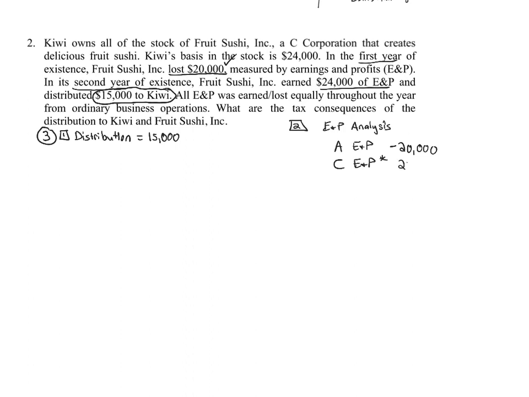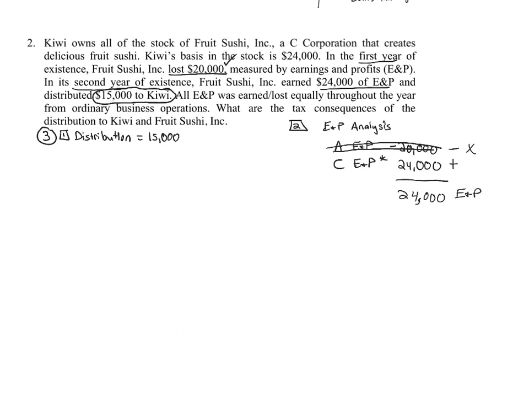Current E&P is positive $24,000. So remember, the rule is if you have negative accumulated and positive current, we're going to ignore the accumulated E&P. So what do we have for E&P? We have 24,000 E&P.